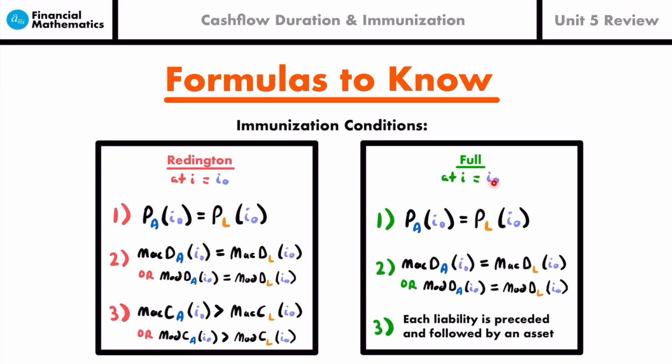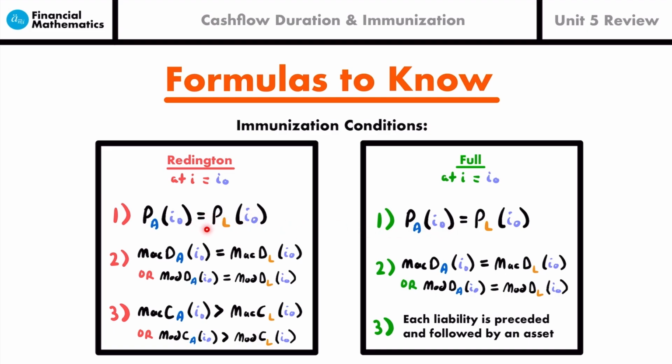Now, for both types of immunization, there are 3 conditions that must be met in order for a set of assets and liabilities to be protected, or immunized, at a specific interest rate that we call i-naught. The first 2 conditions are actually the same for both Redington and full. The first condition is that the present value or the price of the assets at that interest rate is equal to the price or present value of the liabilities at that interest rate.